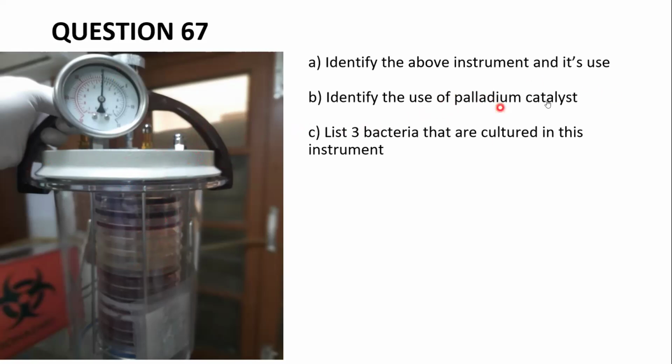Now, this palladium catalyst that you're going to add, they're usually pellets. It's going to help. When you're removing oxygen, not all the oxygen is going to get out. So this palladium catalyst is going to help remove the extra oxygen that was left inside this jar.